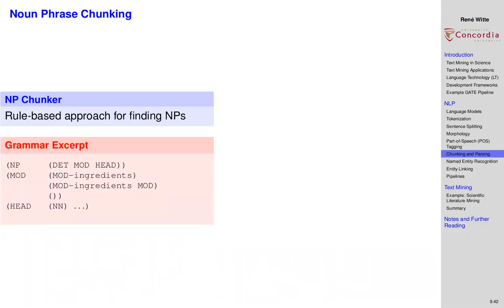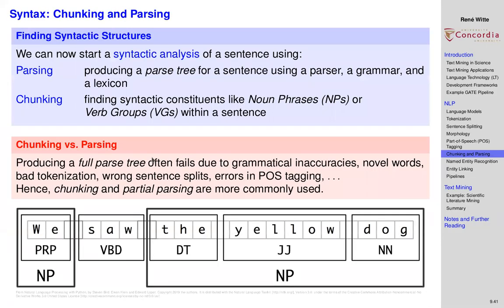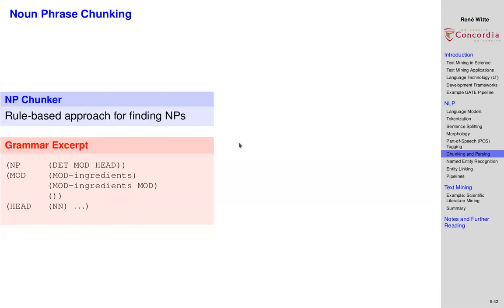Well, there are a number of ingredients that can go into a noun phrase. Every noun phrase must have a head noun. So like in the example here, the head noun is dog, and in the NP here, the head noun is, well, there's only one word, the pronoun we. So this is the head noun. And then there are different grammar rules for English.